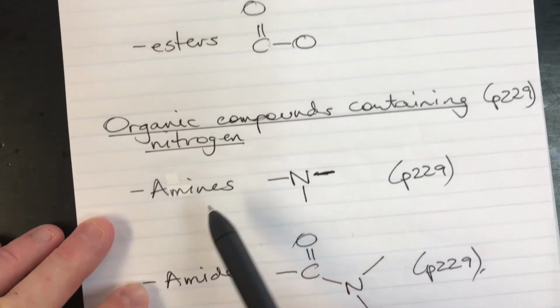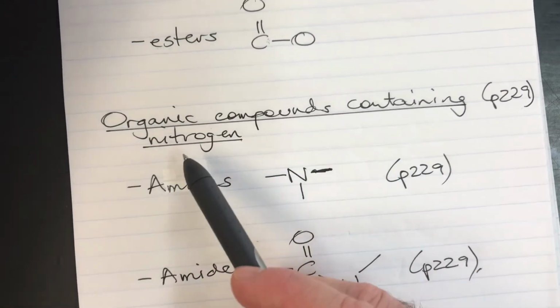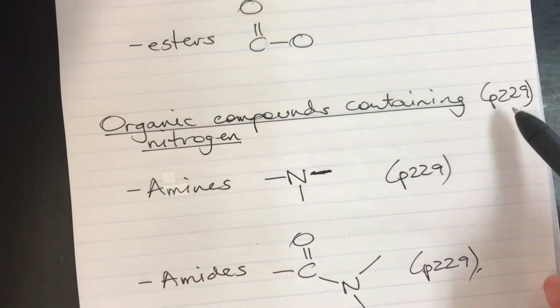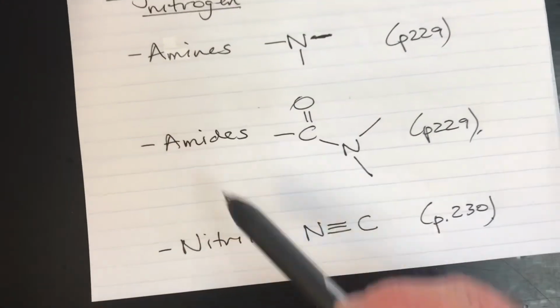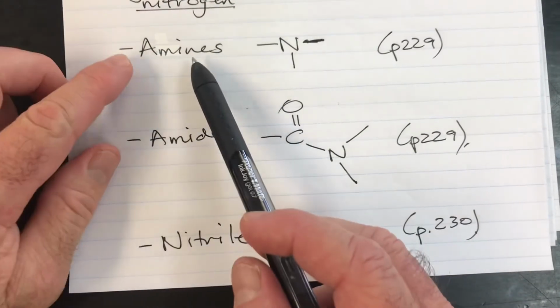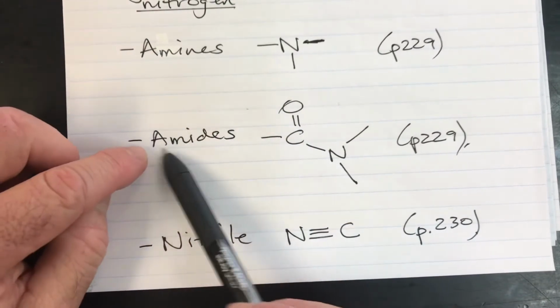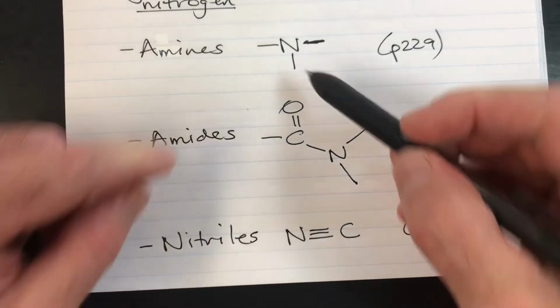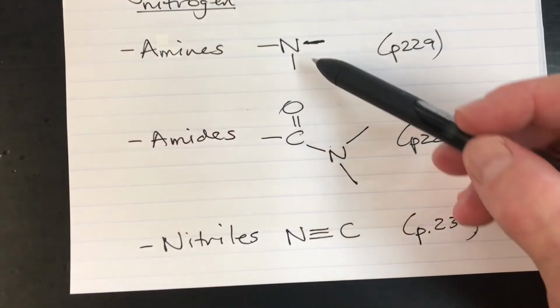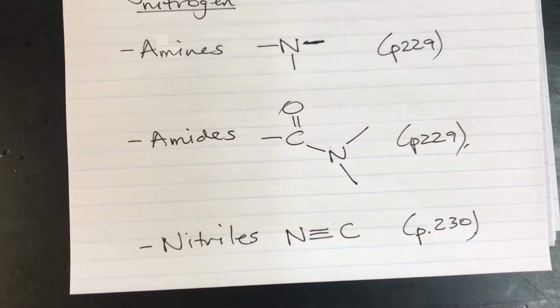Well, next we're going to look at the organic compounds containing nitrogen, not oxygen this time, starting on page 229. They include 3 main compounds that we're going to look at. You might have heard about them: amines, amides, and nitriles. And these are the functional groups that make up each. Let's have a look at them now.